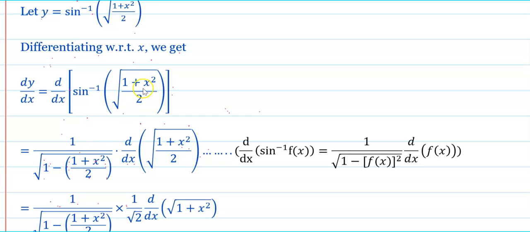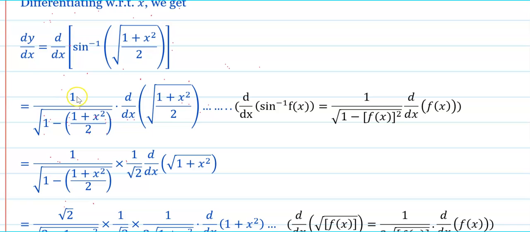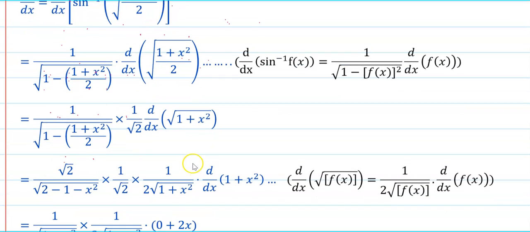It means that the root sign and the square will get cancelled, and here you will get (1 plus x squared) upon 2 into d/dx of this f(x), which is under the root sign. Okay. And the next step: 1 upon root of 1 minus (1 plus x squared) upon 2, into, now here take this root of (1 plus x squared) upon 2, which means you will get 1 by root 2 into d/dx of root of (1 plus x squared).